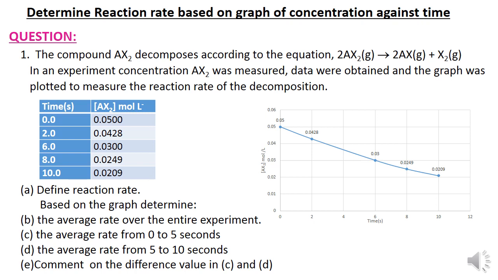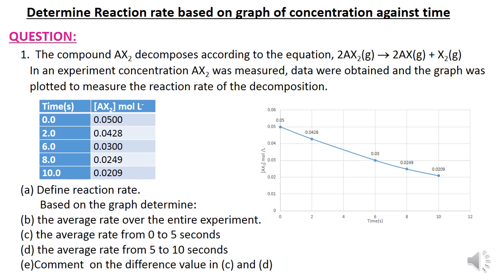Question number 1 is about determining the reaction rate based on the graph of concentration against time. The reaction is the decomposition of AX2 according to the equation shown. The data and the graph were obtained and plotted.